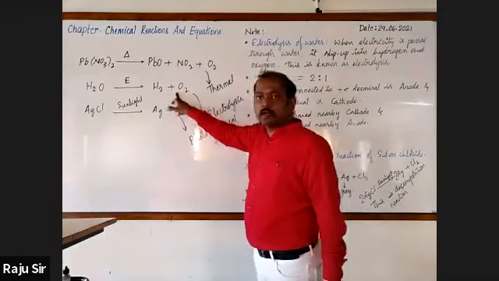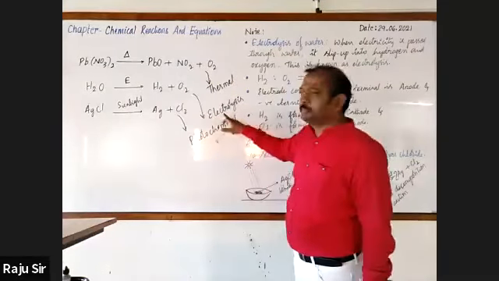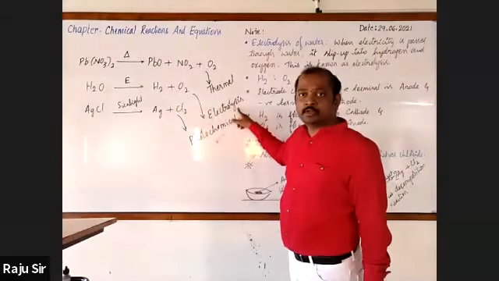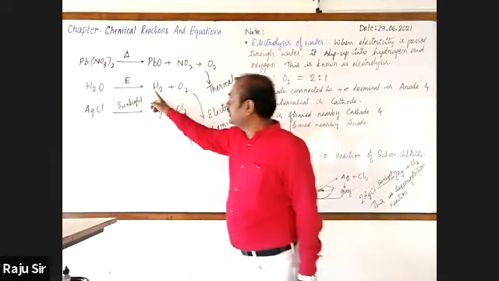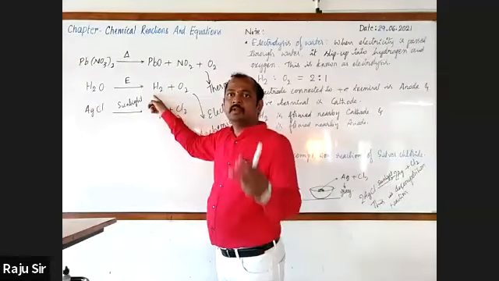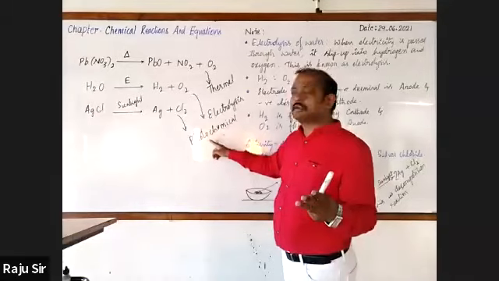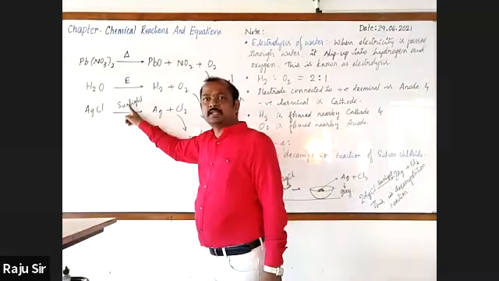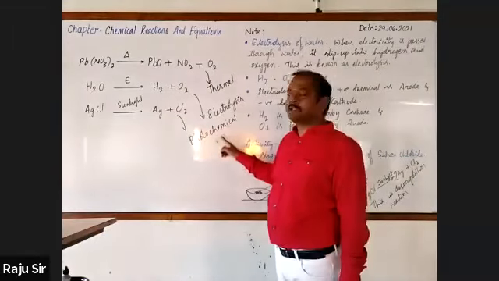Next, if the decomposition reaction is carried out by passing electricity, then it is called electrolysis. And an example. Third one, if the decomposition reaction is carried out in the presence of sunlight, it is called photochemical reaction.